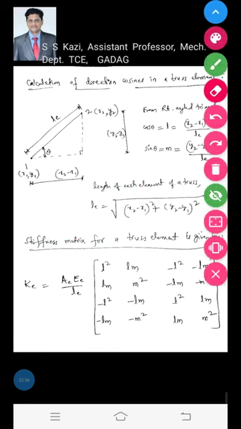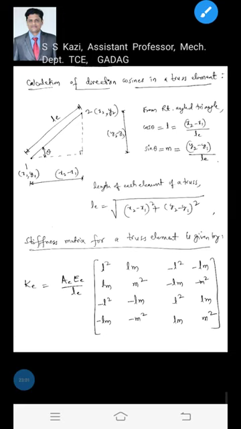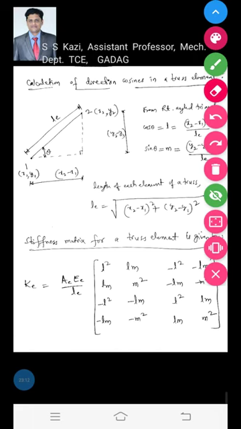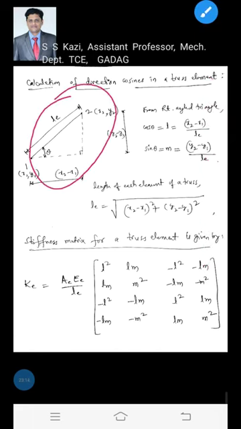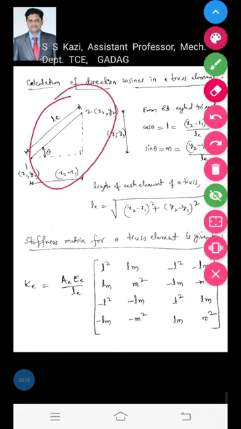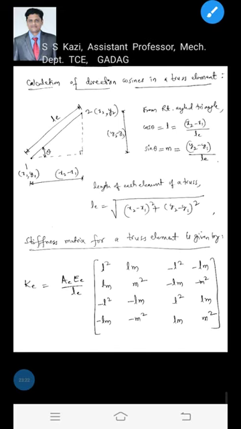Now I will form a right angled triangle by using these dotted lines. In this right angled triangle, this side we already know is the length of the element. Now what are the other two sides of this right angle triangle?